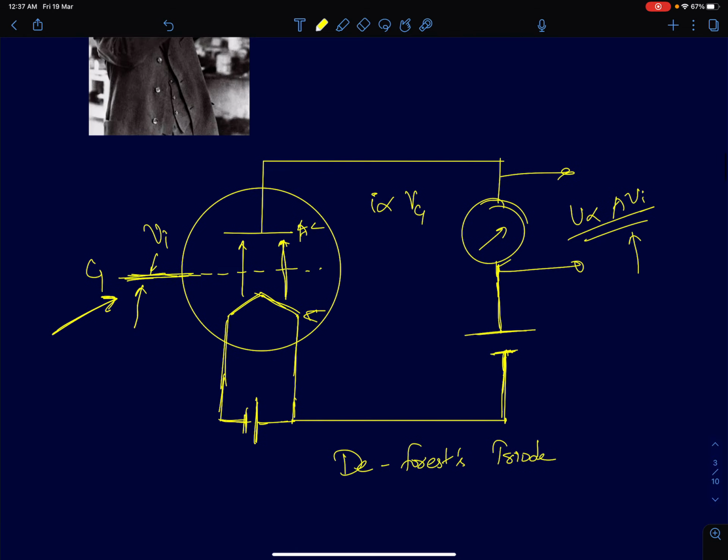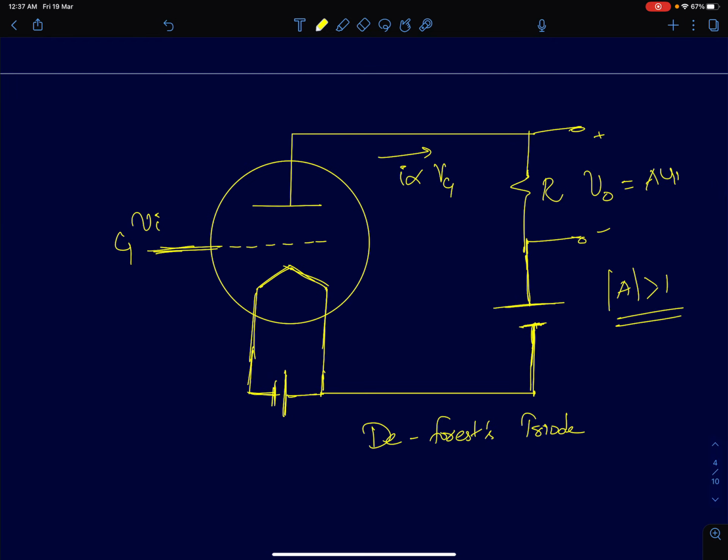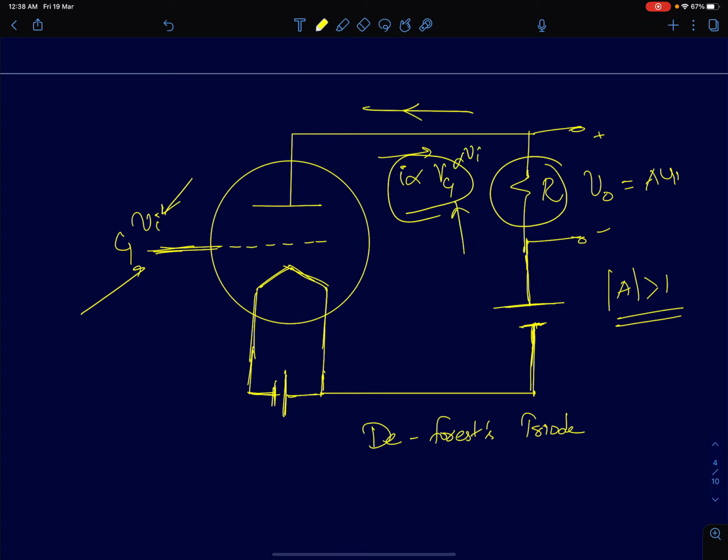So all you needed to do was replace this current measuring device with a resistor, which is what I've shown here. Then the current flowing here from anode to cathode was proportional to the grid voltage, and if you apply a small signal voltage Vi on top of some bias voltage, that current is proportional to the small signal input voltage.